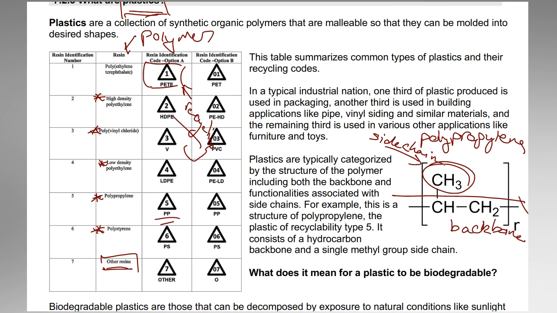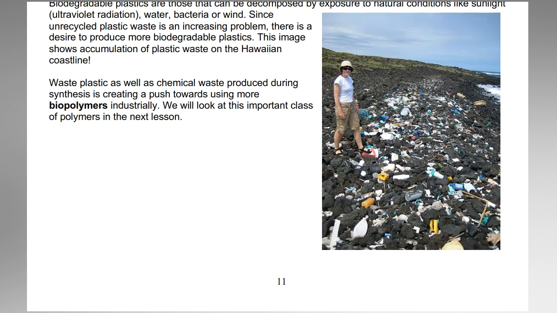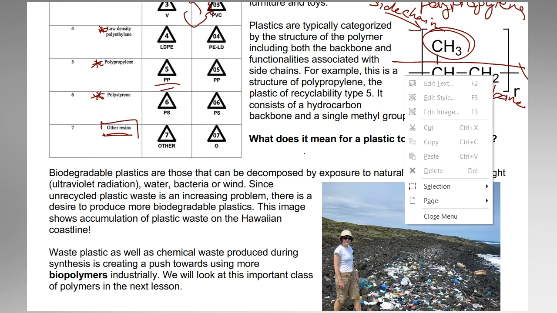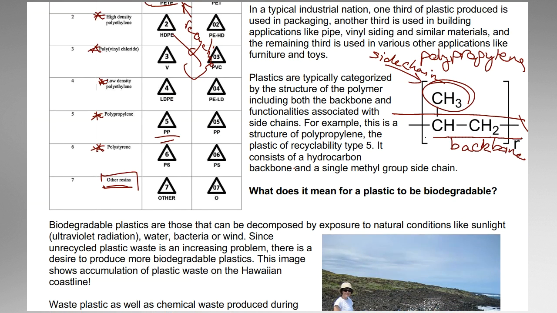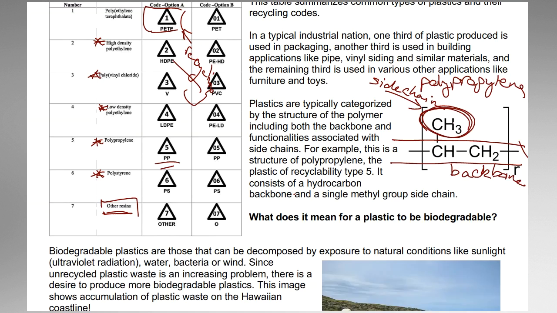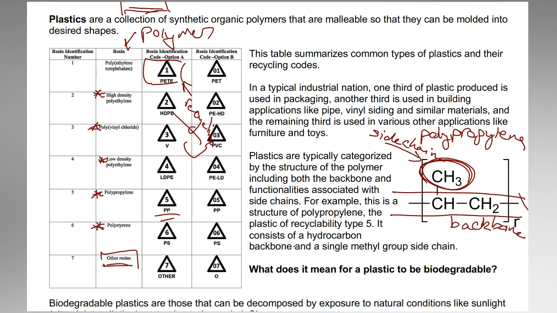You're going to see that theme again and again and again, where we have some sort of CH backbone functionalized by the side chain. We saw this with polystyrene, and when we talk about biopolymers in the next couple of lessons, we'll also see this backbone side chain organization is very common.